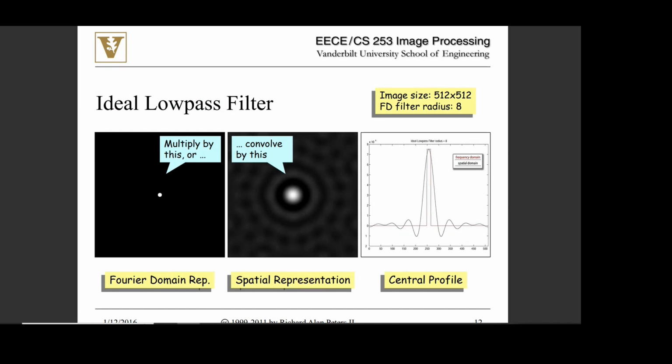Also, if I make this band smaller, so a narrower low-pass filter, then my impulse response will be larger. And this is again this uncertainty principle. If something is very compactly supported in one of the spaces, the other space has to be wide. So if it is very narrow in Fourier space, it has to be very wide in real space.